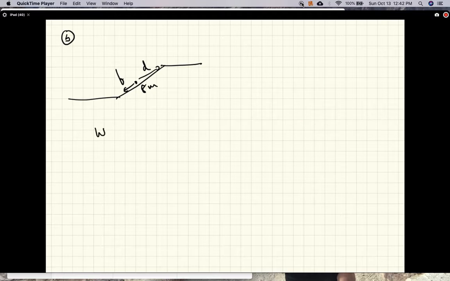Now when non-conservative forces are present, work done by non-conservative force is equal to change in mechanical energy. So final mechanical energy minus initial mechanical energy. And the friction force does this much work, where F is the friction force and D is the distance covered, which is 8 meters.